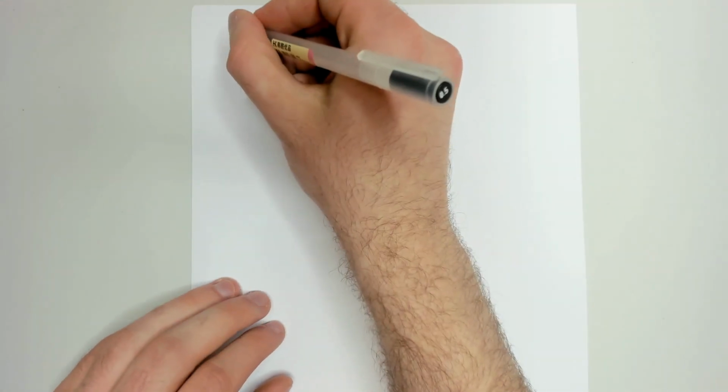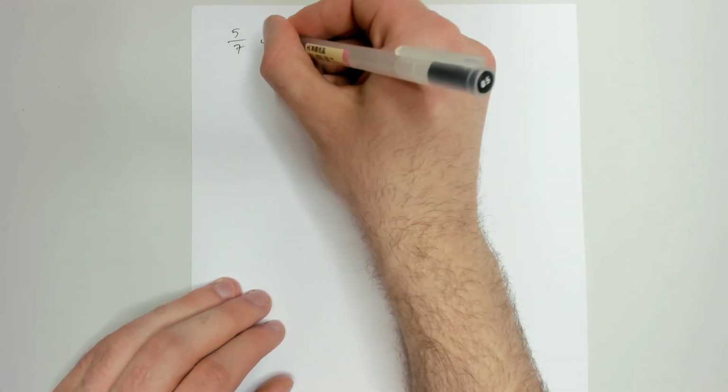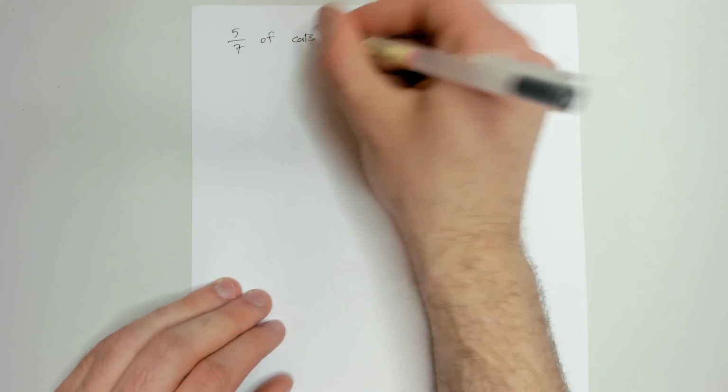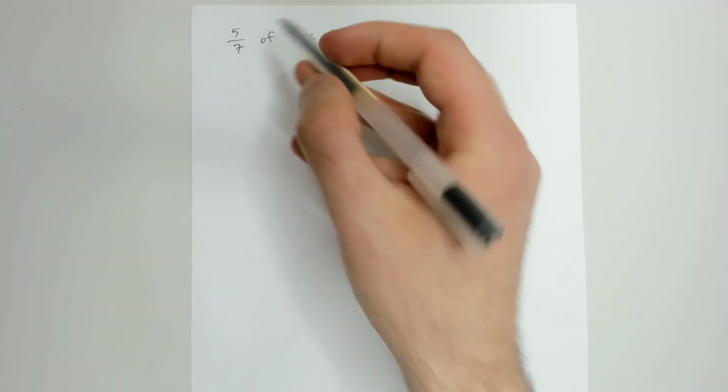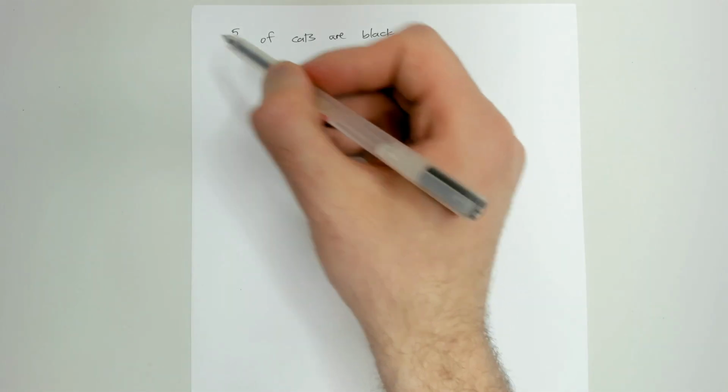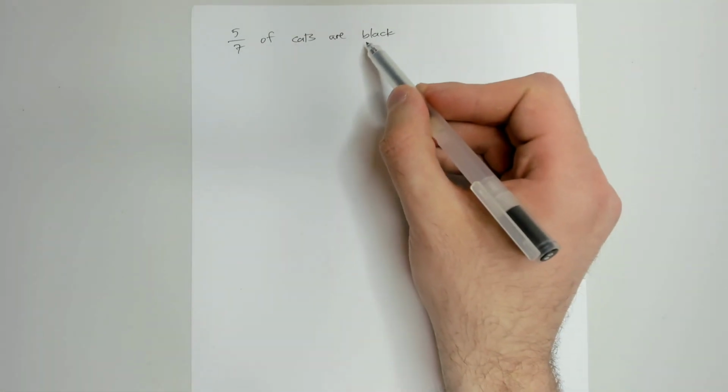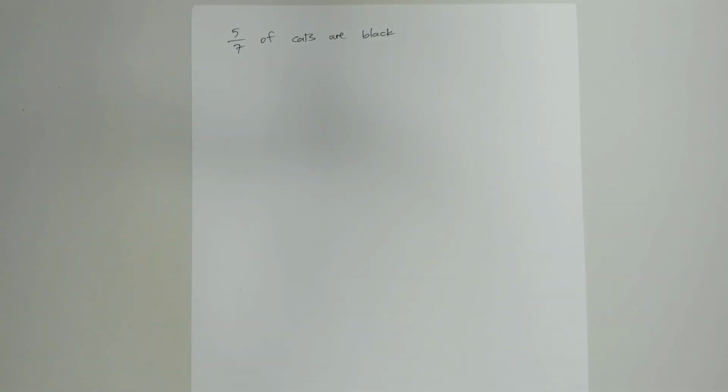So normally when we have proportions, it's going to be something like 5/7 of cats are black. Okay, so this is saying we have a total, and then what piece of the total amount of cats are black, right?